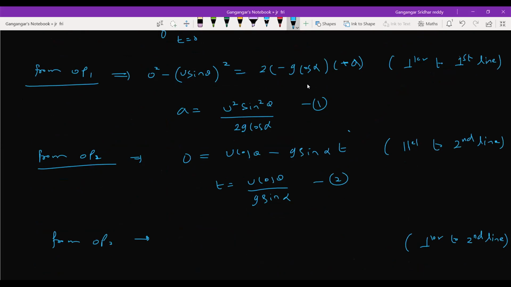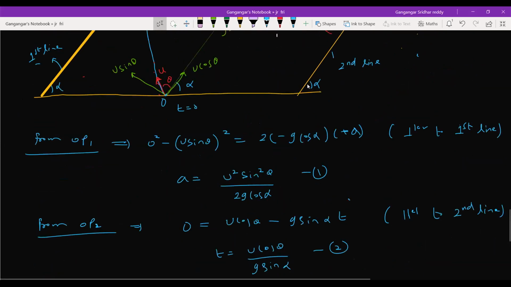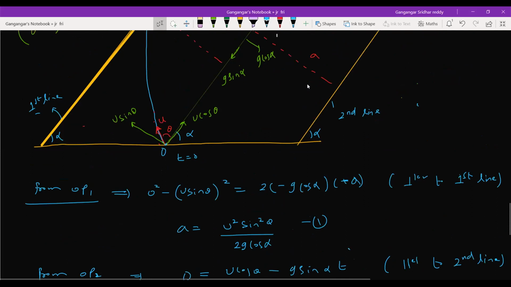So this will be minus a. Minus a is equal to u sin theta t minus... As it moves from u sin theta, the displacement a is opposite to u sin theta, therefore negative. What about g cos alpha? It is also opposite to u sin theta, so it will be negative.